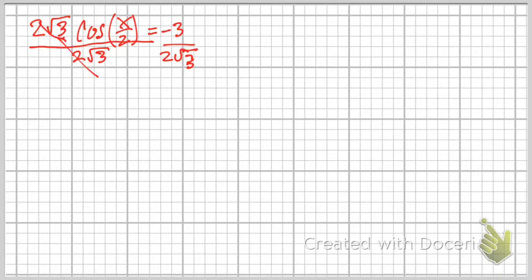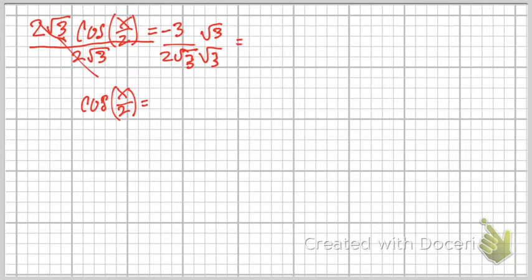And I end up getting from there cosine of x over 2 equaling, now if you guys notice this 3 over the square root of 3, if I multiplied the top and the bottom by the square root of 3 over the square root of 3, I'm kind of working forwards and away here.